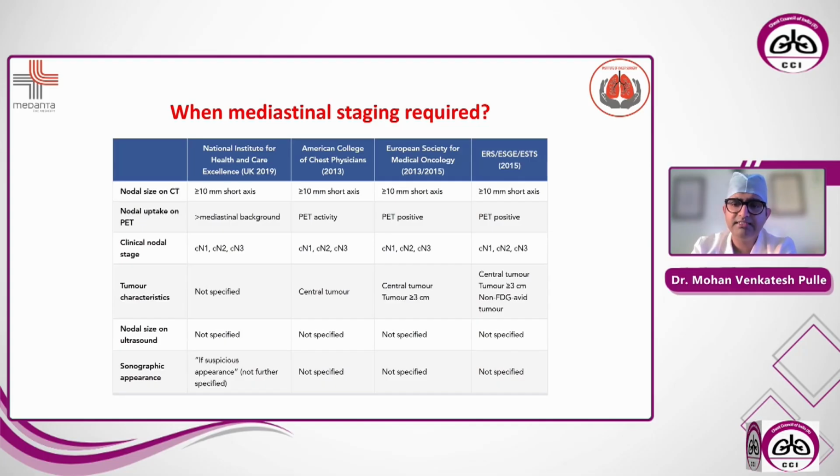And the most important is a central tumor, or a size of more than or equal to 3 centimeters, and even a non-FDG-avid tumor, which actually happens in a few of the slowly progressing adenocarcinomas. So these are the criteria where we have to stage the mediastinum.